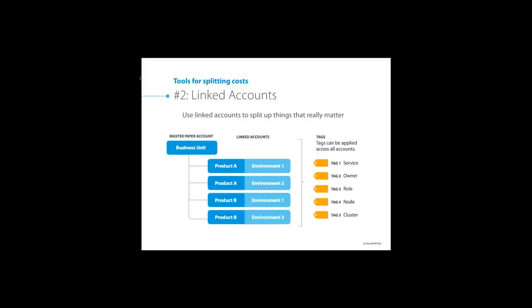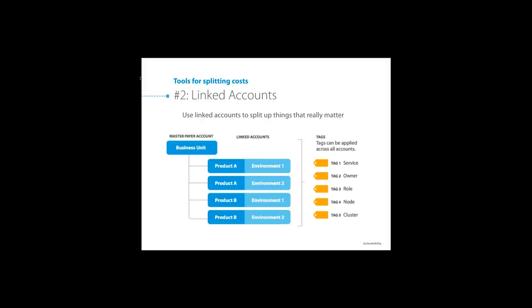So in this example, and this is a common way that we see very large enterprises do this splitting, they'll have a business unit that falls under a master payer account that may be the top of a consolidated billing structure. Underneath that, they'll have a series of linked accounts, and they may put each actual individual product, product A, product B in this example, into their own linked account, and then also each individual environment.